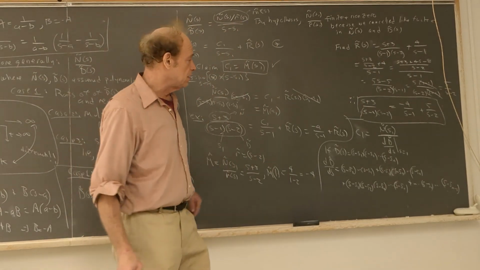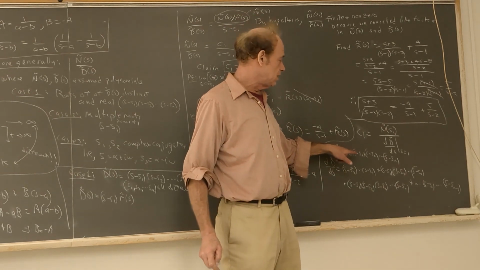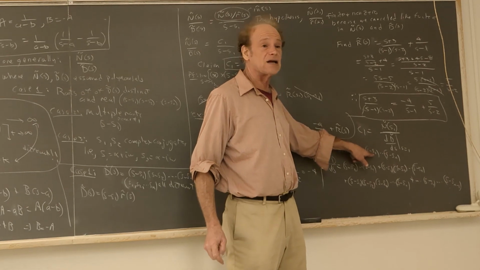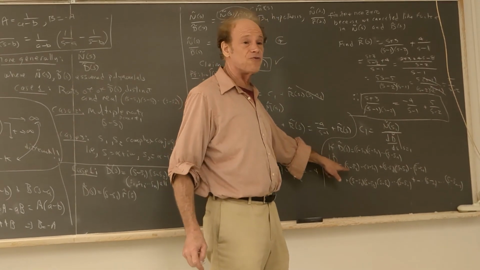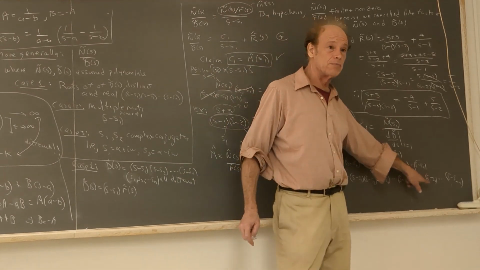So how did I get that? Remember, the product rule says I take the derivative of the first factor times all the rest, plus the derivative of the second factor times all the rest, etc. And notice that except for the first term, all the other factors have an s minus s1 in them.